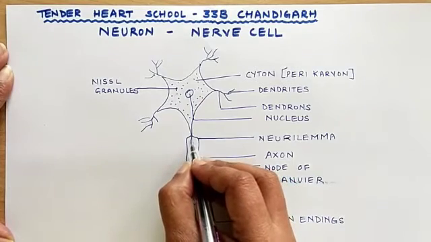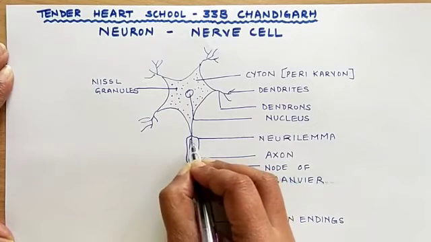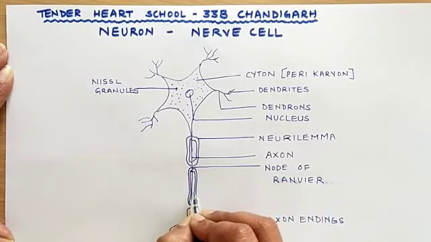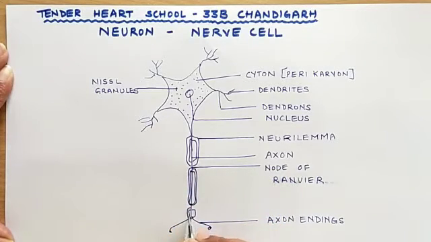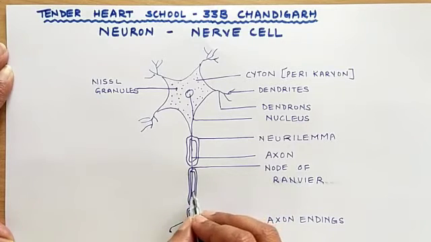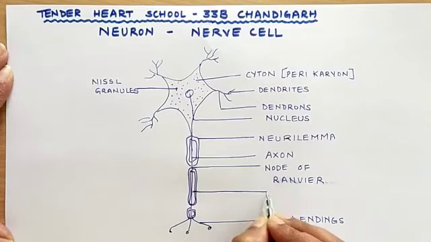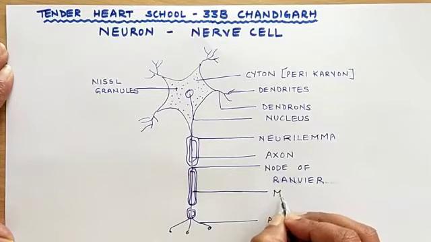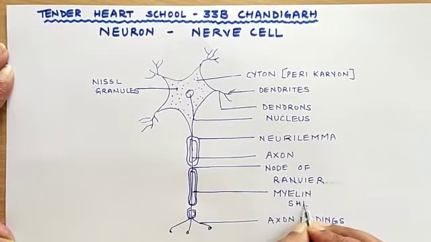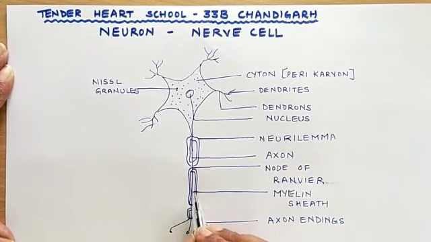Also inside the neurolemma we have the myelin sheath, that is again covering the axon. So this one we can label as myelin sheath, or medullary sheath.